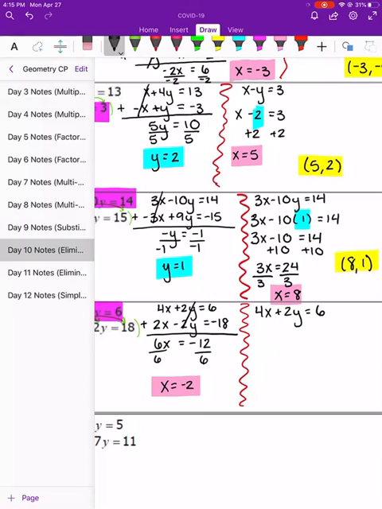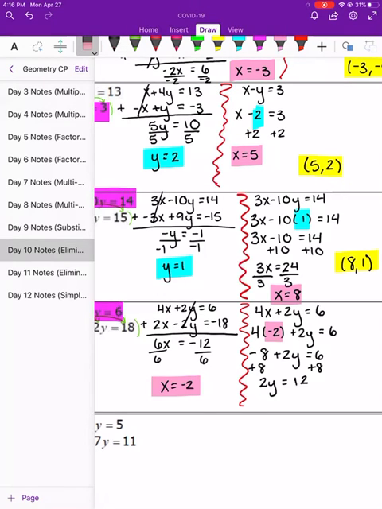And I'm going to plug in x to my equation. So 4 times negative 2 is a negative 8 plus 2y equals 6. Add 8. So I have 2y equaling 12.